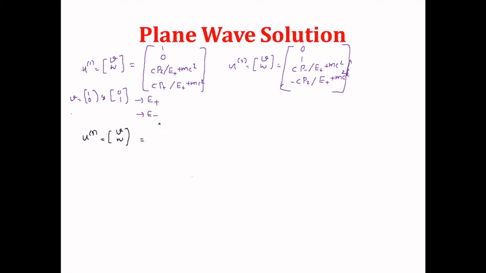So here, first you give the values 1, 0 for W, and similarly you can calculate. What you will get is C P Z divided by E minus mc square, and the second component will be C P plus divided by E minus mc square.